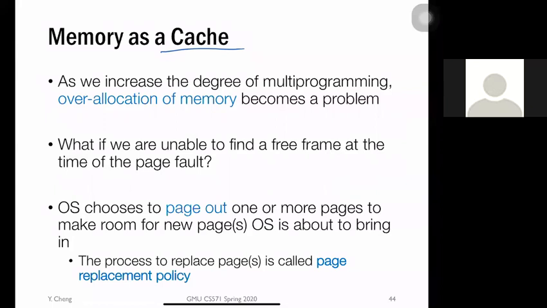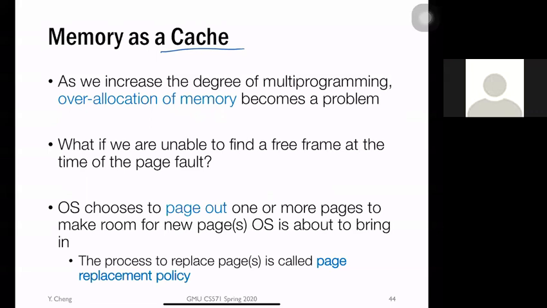At a certain point, the memory reaches its full capacity, and the operating system will kick in to decide which page, which memory block, to evict so that it can bring in new processes and new data. This way, the operating system uses memory as a kind of cache.